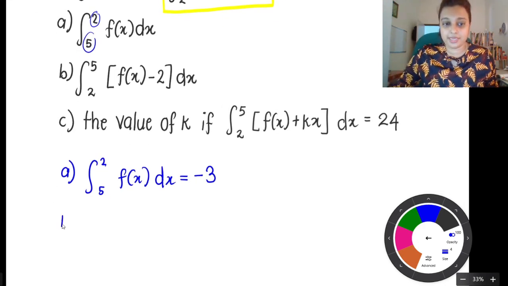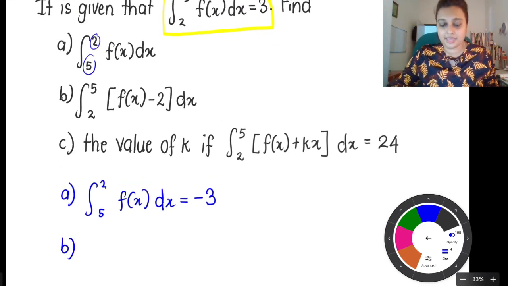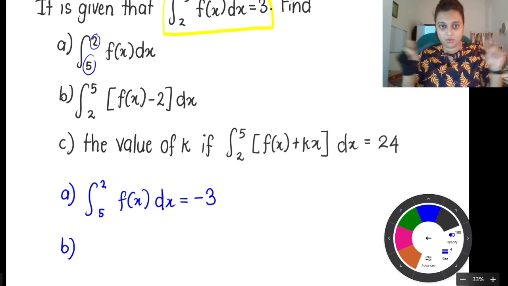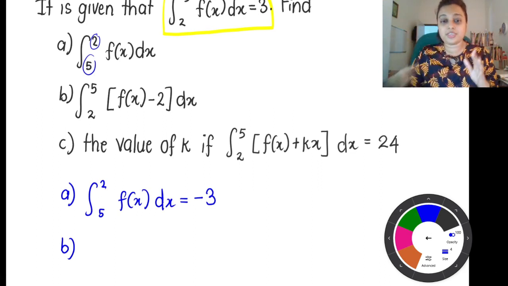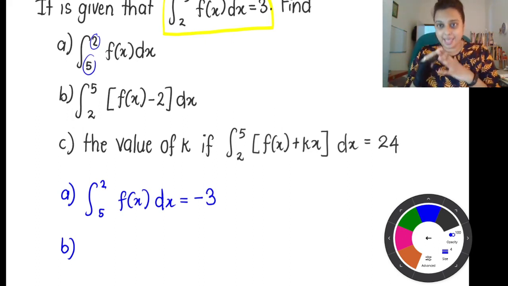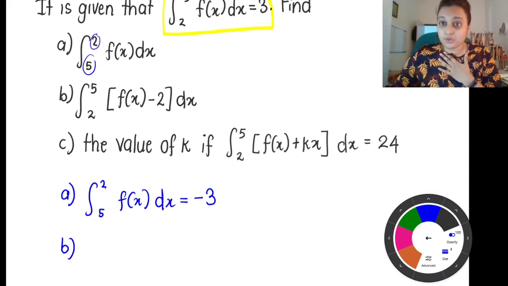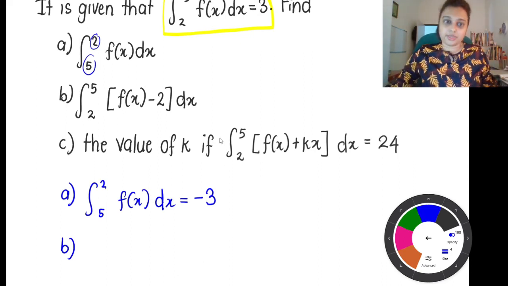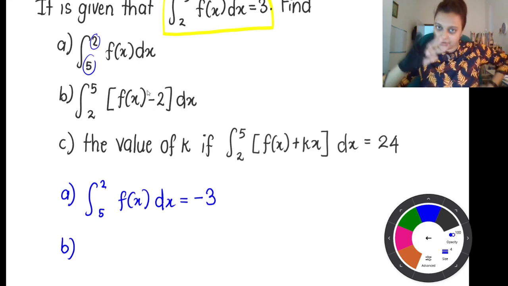Now let's look at B. If you see the f(x) now has minus 2, when you see minus and plus, do it separately. That's your keyword here: do it separately. That means separate the terms.